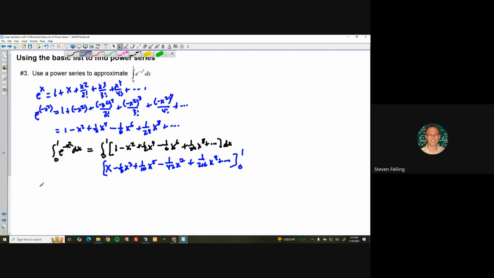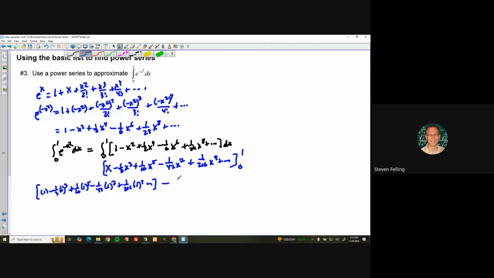So you would take your 2 copies and you'd be plugging in a 1 in this copy. So this is 1 minus 1/3 times 1 cubed plus 1/10 times 1 to the 5th minus 1/42 times 1 to the 7th plus 1 over 216 times 1 to the 9th, and so on.